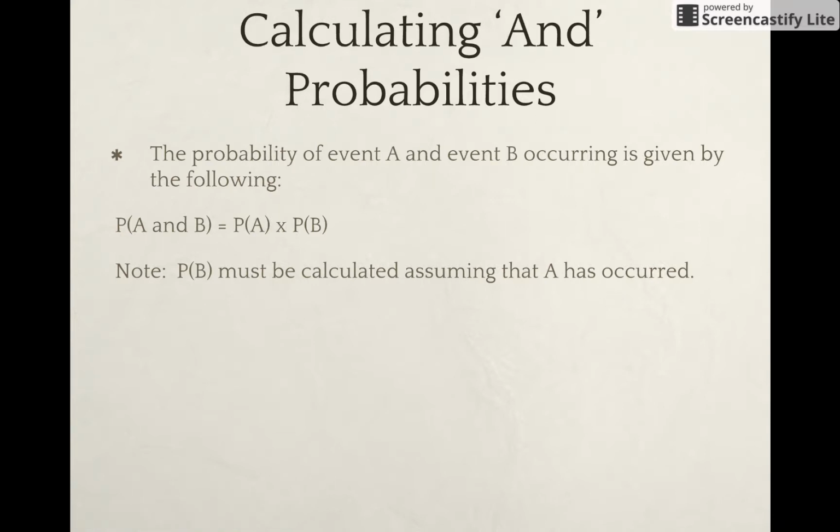However, conditional probability is not part of our course, so we just insert this as a clause here. So again, when we go to calculate the second probability in this product, we always assume that the first event has already occurred.